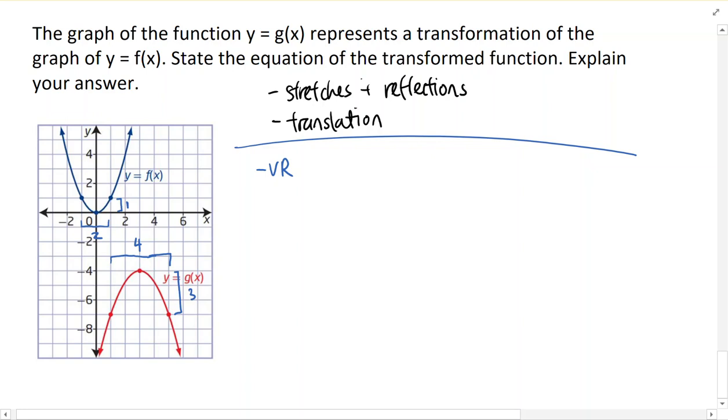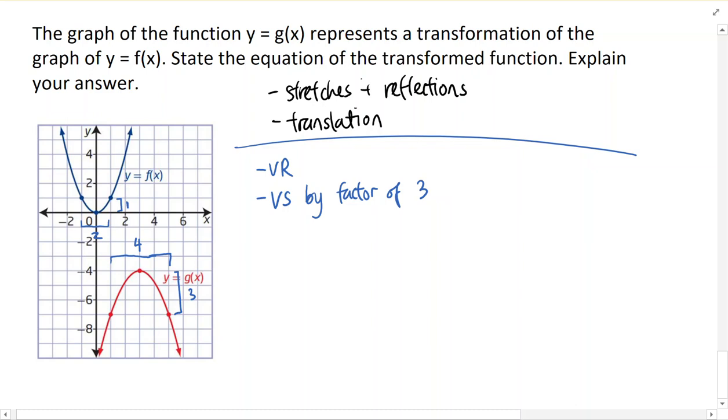So first looking at our vertical, since a is vertical stretch, from 1 to 3, it's 3 times. So we know our vertical stretch is by a factor of 3, because we're going from a vertical height of 1 to a vertical height of 3.